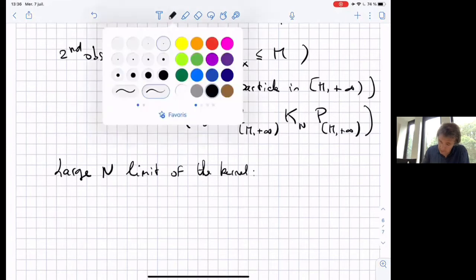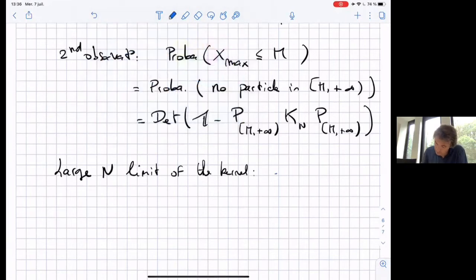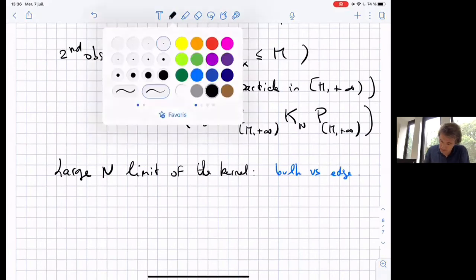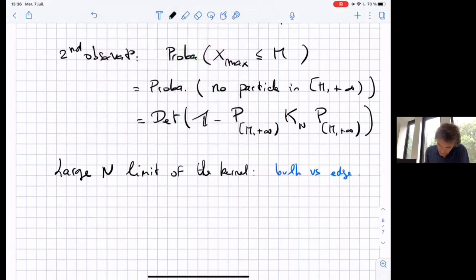So again, as we have seen, we will have pretty different forms if we are in the bulk or at the edge. Okay, so let's have a look at this.